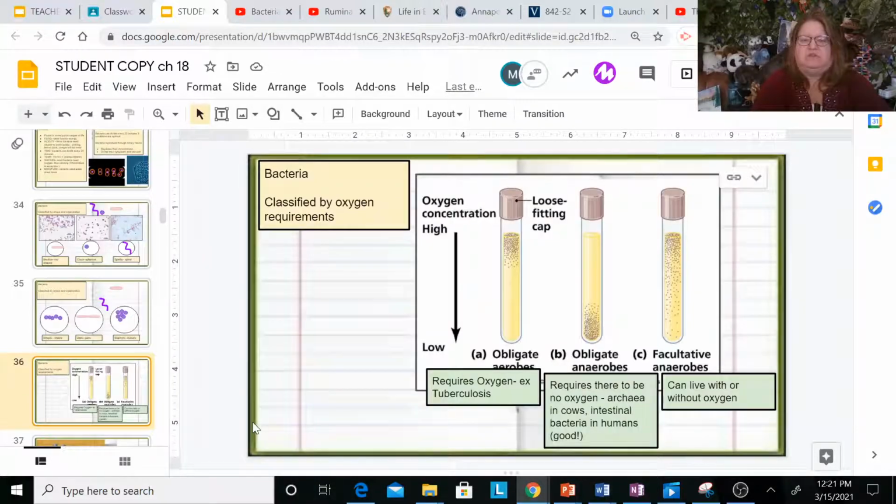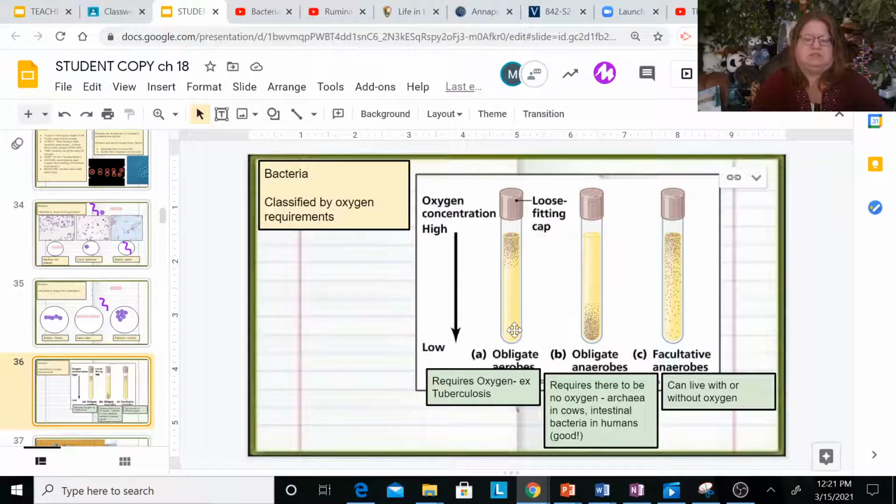And then just to finish up with this, we've got bacteria classified by their oxygen requirements. Now, notice in all of these tubes, the top of the tube means that there is more oxygen. The bottom of the tube means there's less. So in obligate aerobes, you absolutely require oxygen. You're going to see most of them growing at the top.